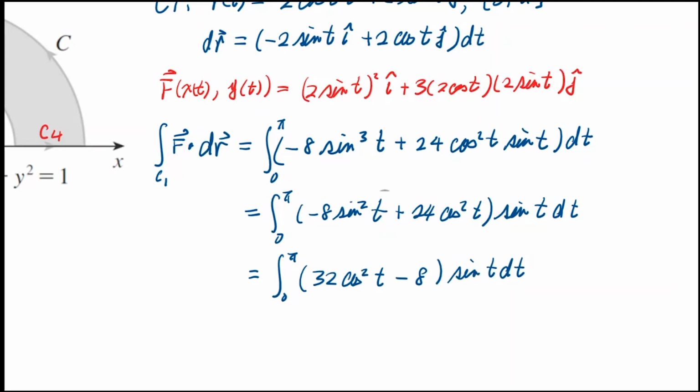This becomes cosine cubed t, therefore divide this by 3, not forgetting the negative sign, plus this thing becomes just 8 cosine t, from 0 to pi.